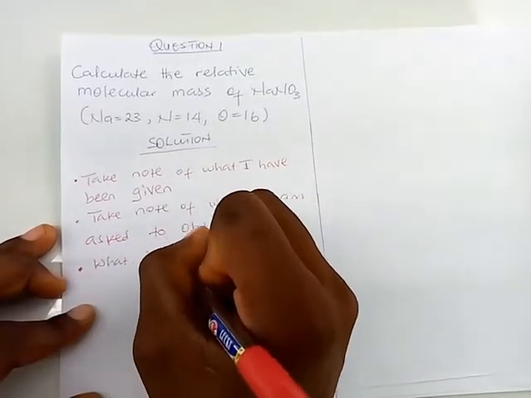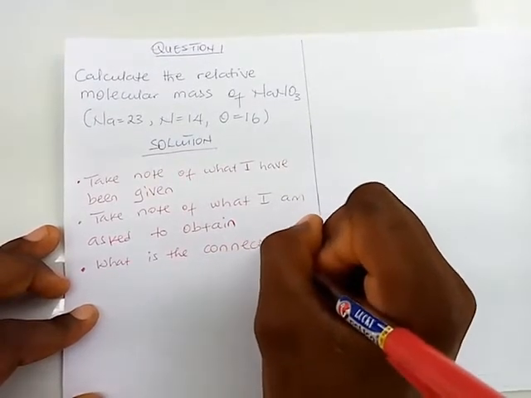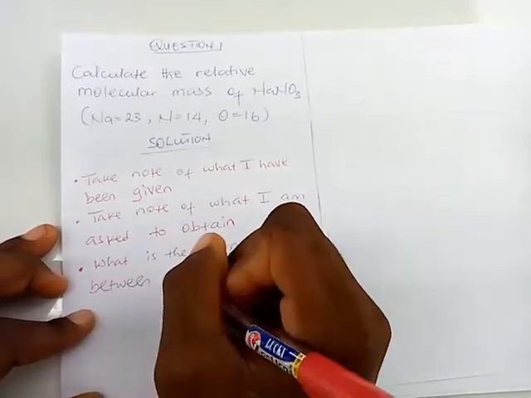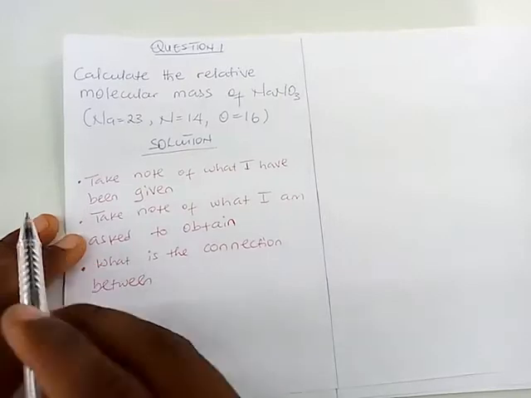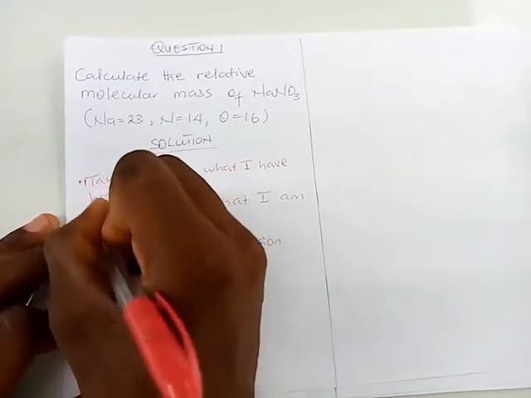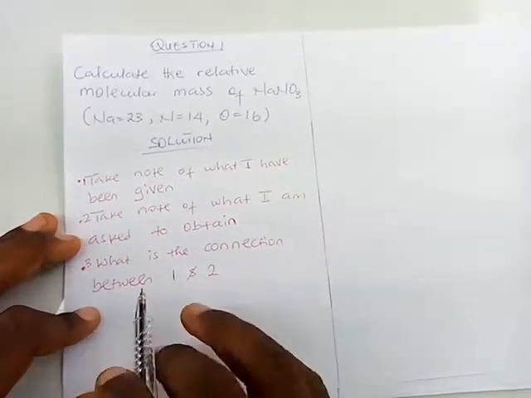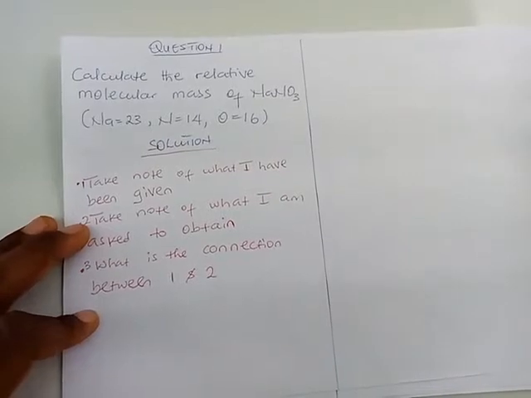And so if I have that, the last thing I do is to ask, what is the connection between point 1 and point 2? Let me call this point 1, point 2, point 3. What's the connection between point 1 and 2? If I can identify the connection, then I can begin to solve.